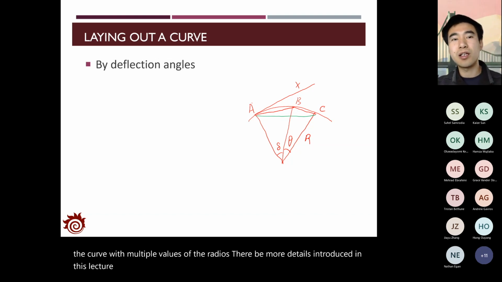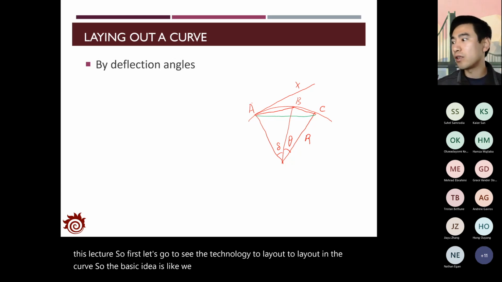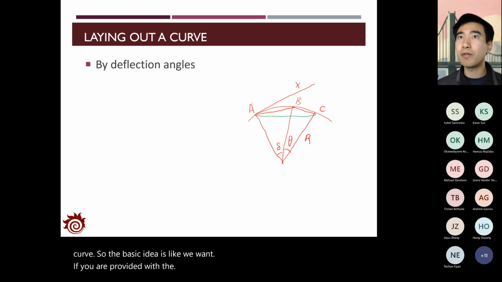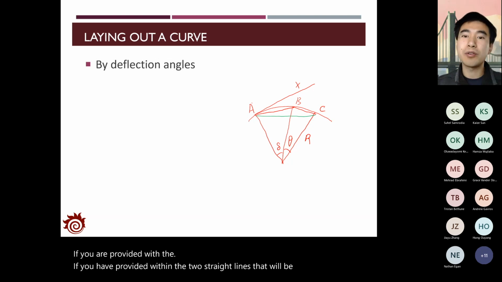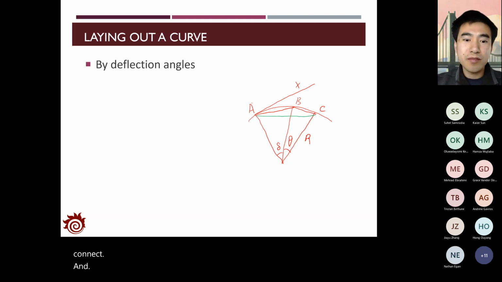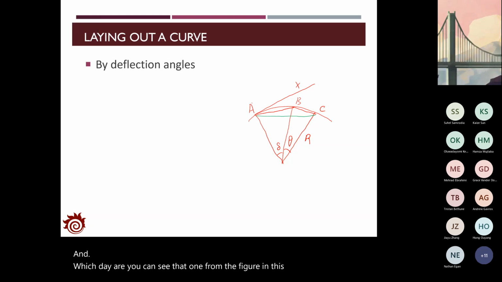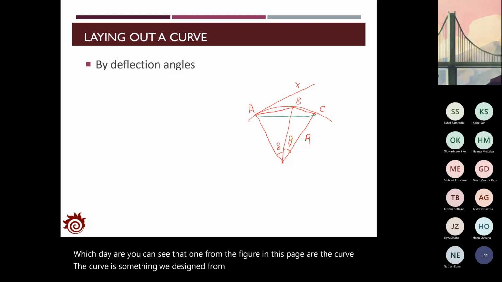So first, let's look at the technique to lay out the curve. The basic idea is, if you are provided with two straight lines, which will be the road we plan to connect, as you can see from the figure on this page, the curve is something we designed before we go to the field, but we have to know how we can identify the stations or the locations along the curve.